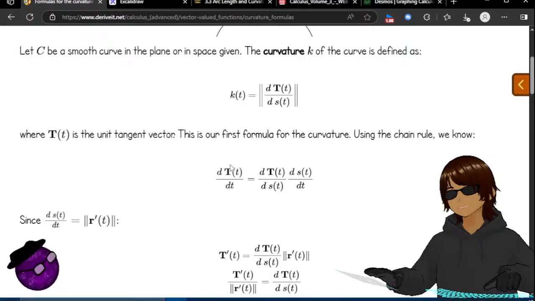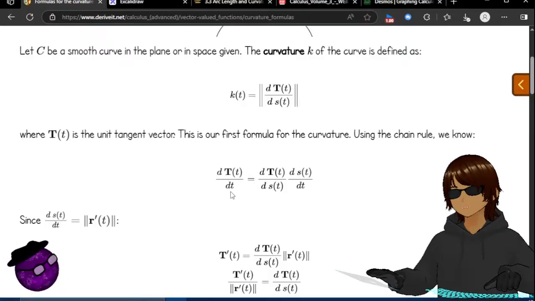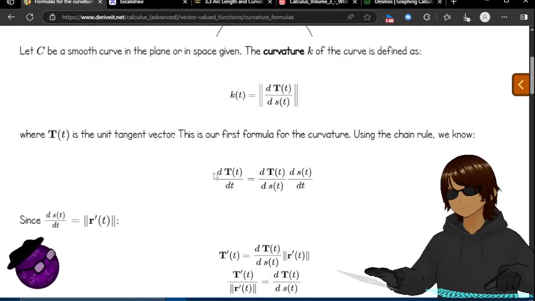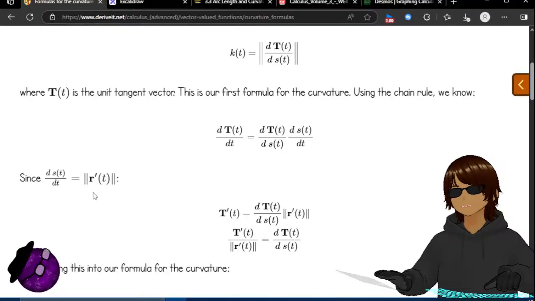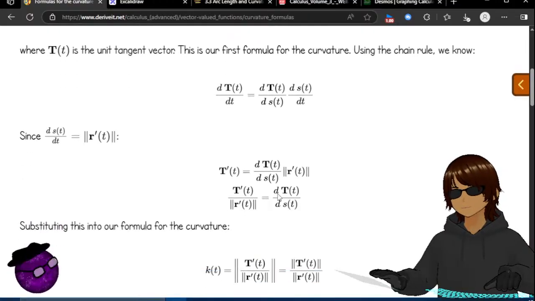So the derivative of T should be with respect to s, not t. So the derivative of the unit tangent vector with respect to s is this, by the chain rule. And then since the derivative of the arc length is the length of the derivative of r, we can write it like this.